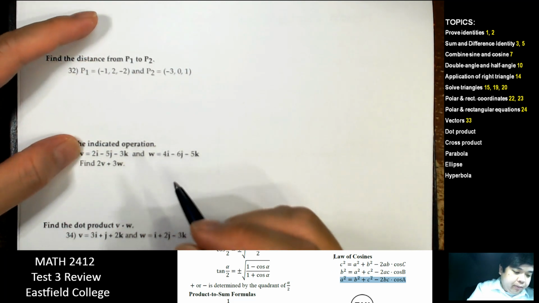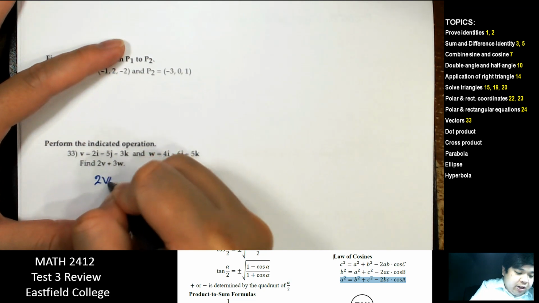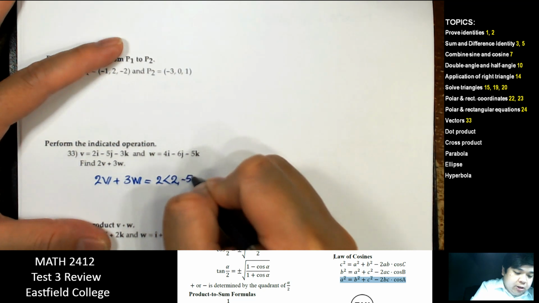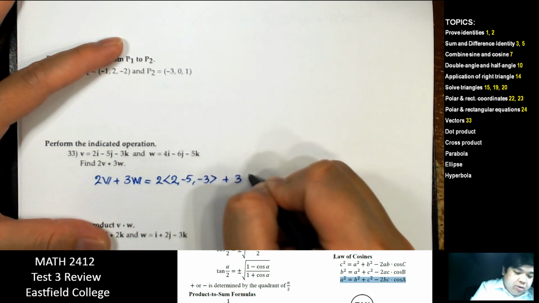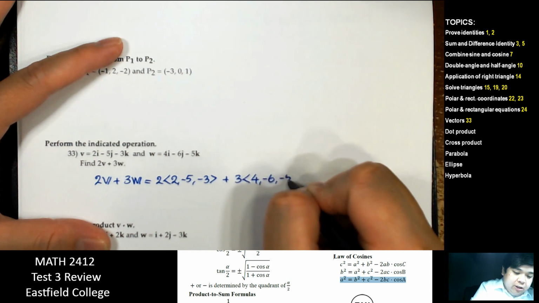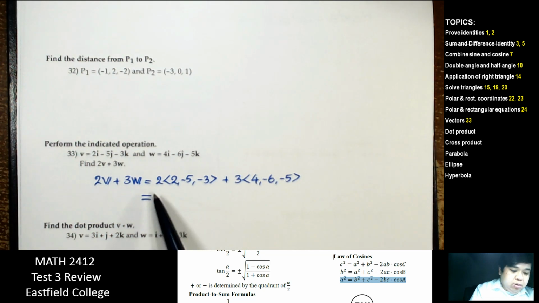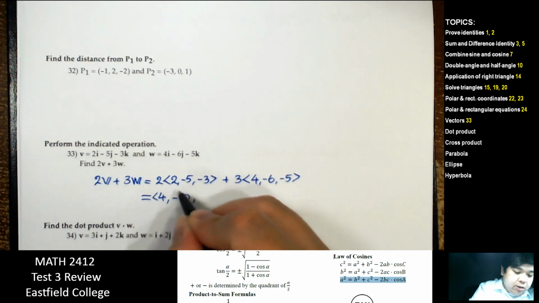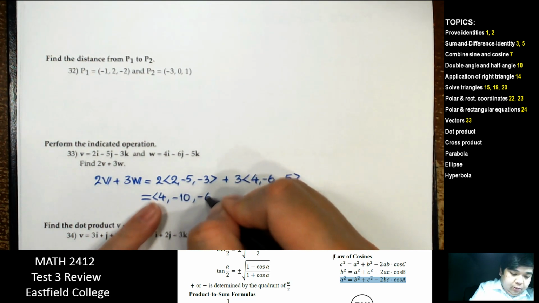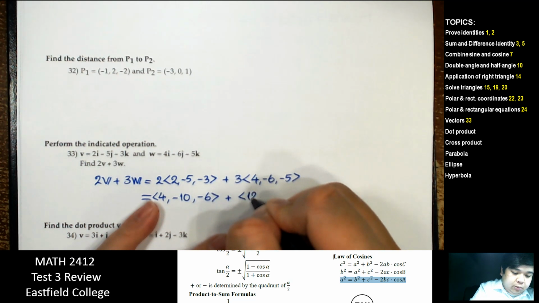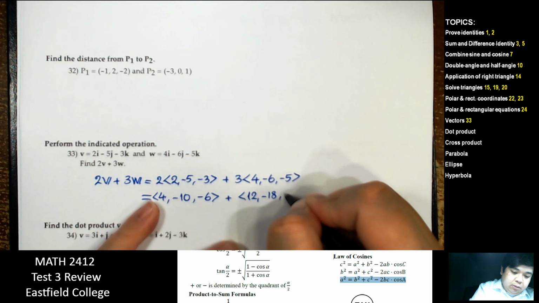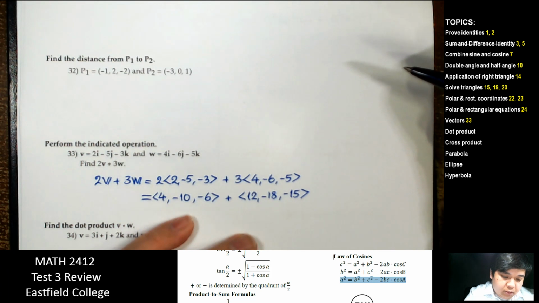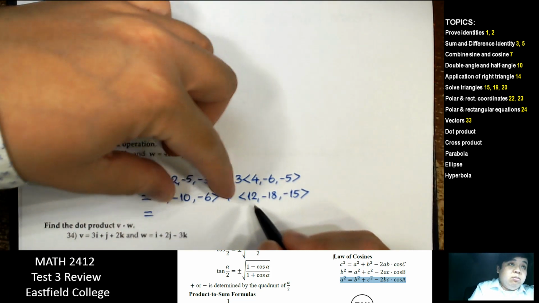2 times vector v plus 3 times vector w. We just multiply it inside first, and then just combine component wise.